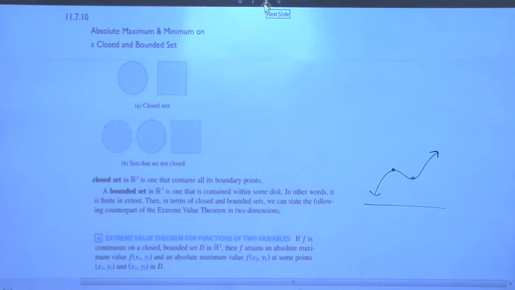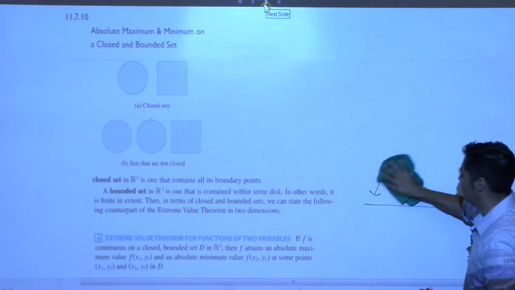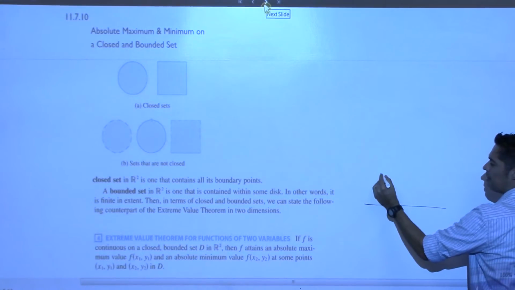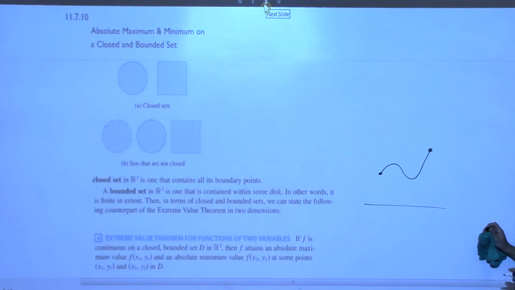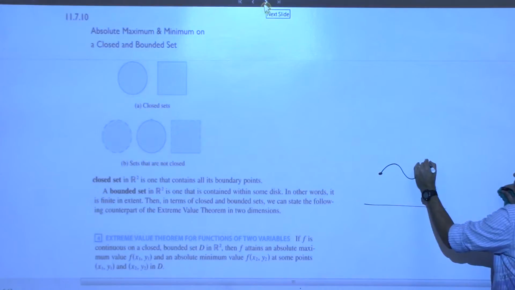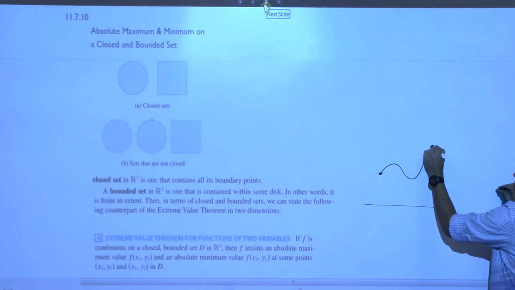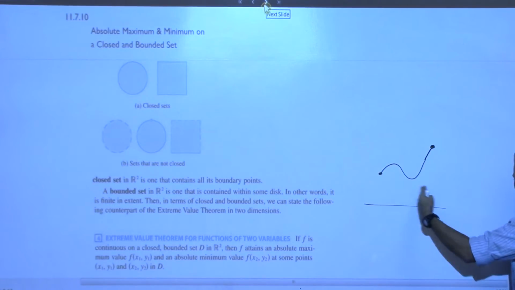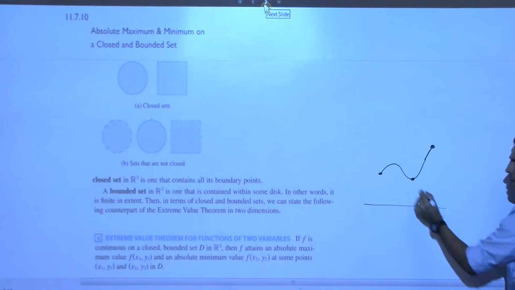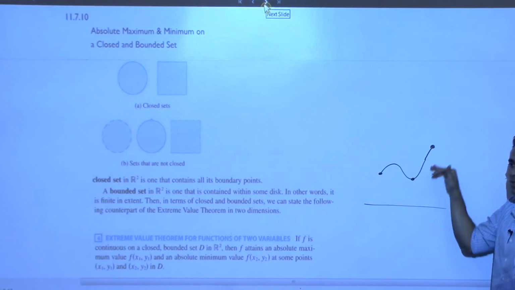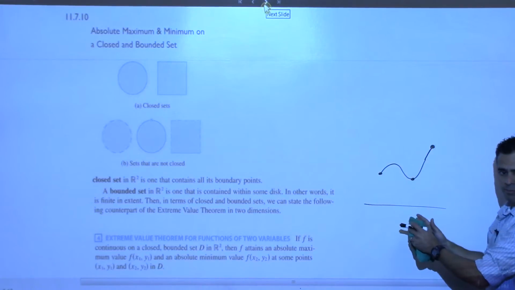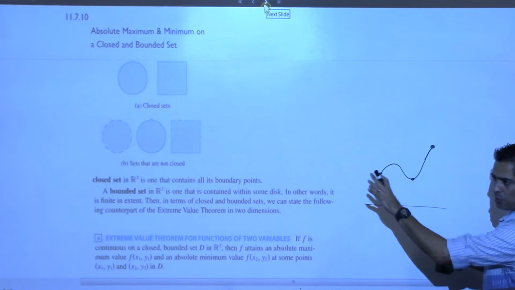Now we're going to move into something more in line with the situation from Cal 1 where we restricted the domain of the function. When we restrict the domain to a closed interval, the function will have an absolute maximum and an absolute minimum. There will be a highest and lowest point on the graph if this is a continuous function on a closed interval. So that's where we're going here.